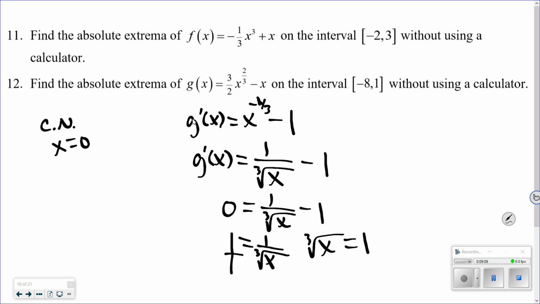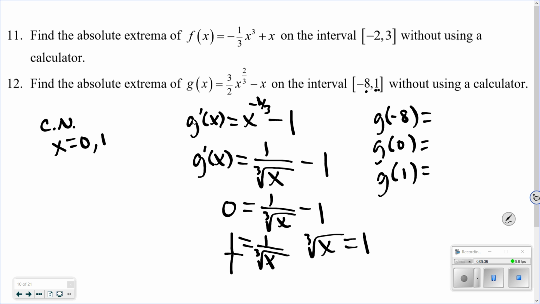Cube both sides, so x is equal to 1. Okay, so those are my critical numbers. Now all I do is make a list. I find all my y values. So all I do is take g of -8. That's my endpoint. g of 0, g of 1, and actually, that 1 ends up being the endpoint also, right? So I don't have to do that. Just have those.